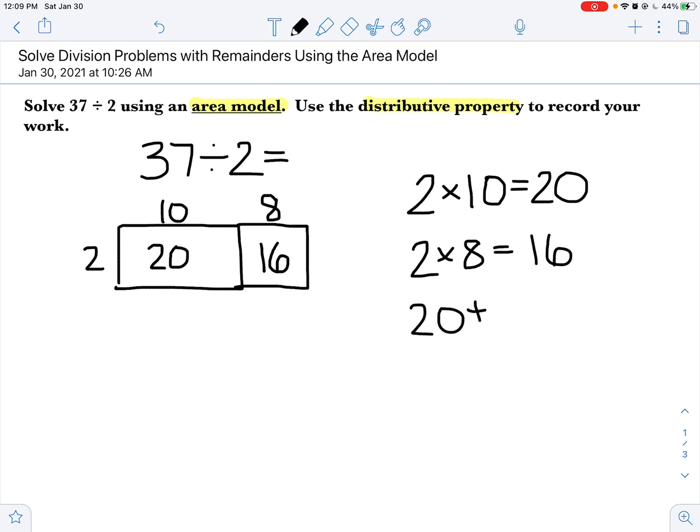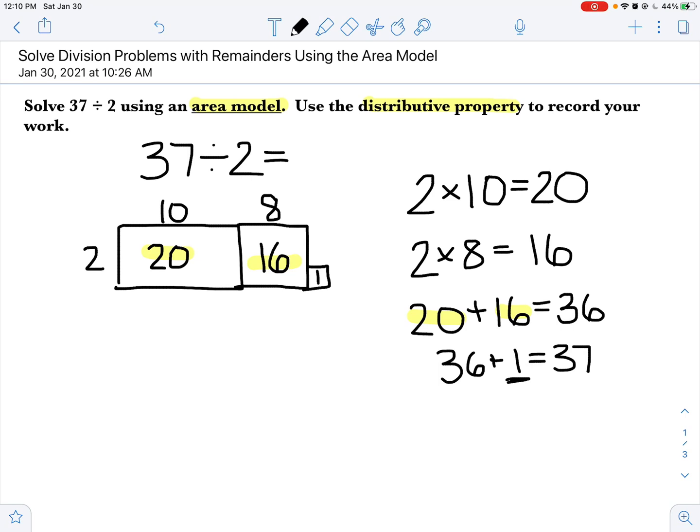I know 20 plus my 16, these guys right in here, gives me my 36. I'm at 36, and I still need one more to get to 37. But that's not evenly divisible by 2 unless we go into fractions and decimals, which we are not doing today.